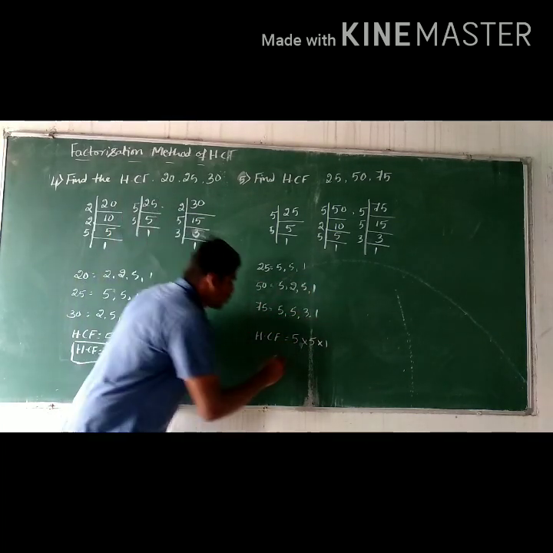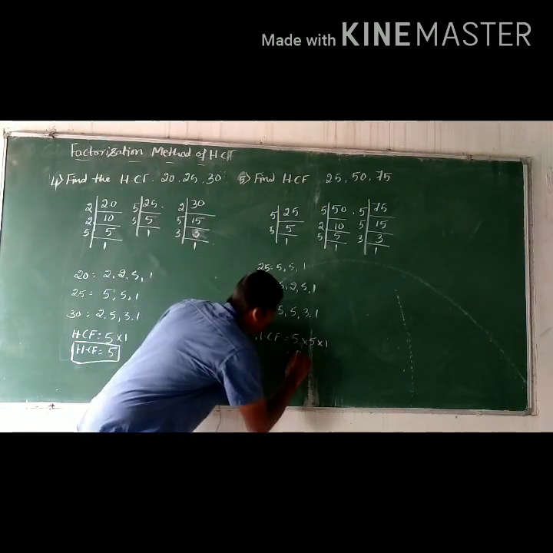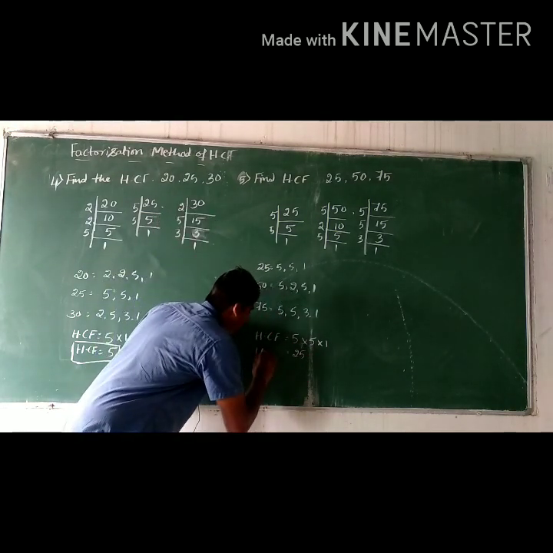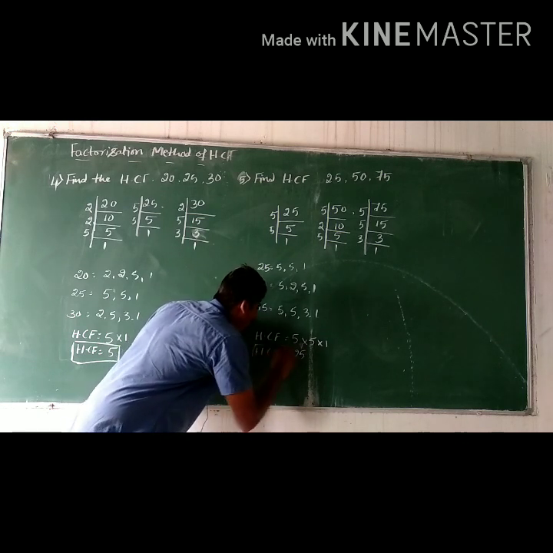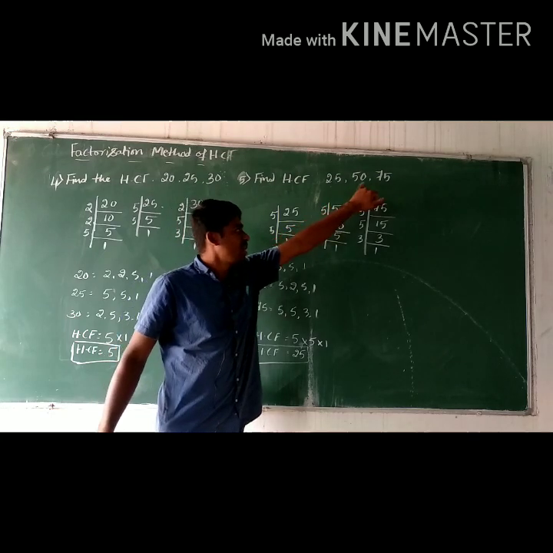So the HCF is 5 fives are 25, 25 into 1 is 25. 25 is the HCF of 25, 50 and 75.